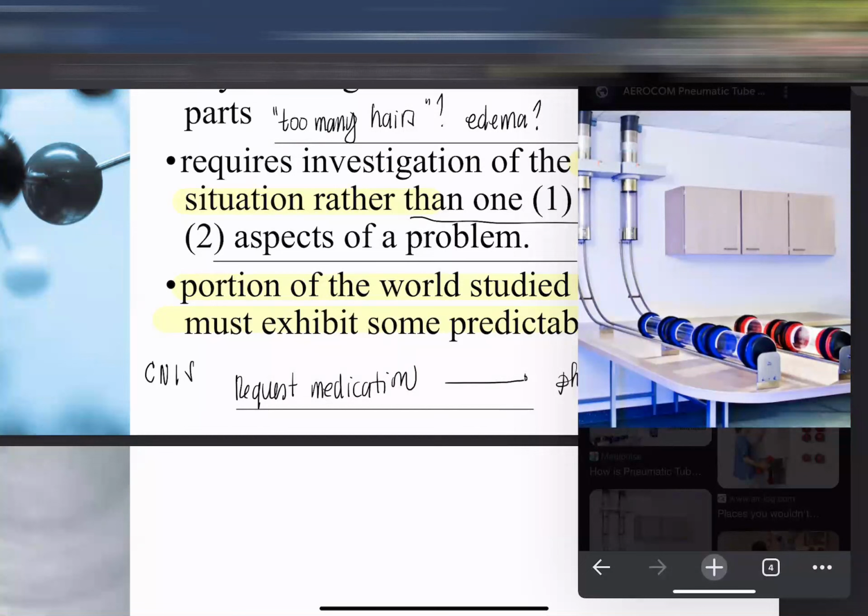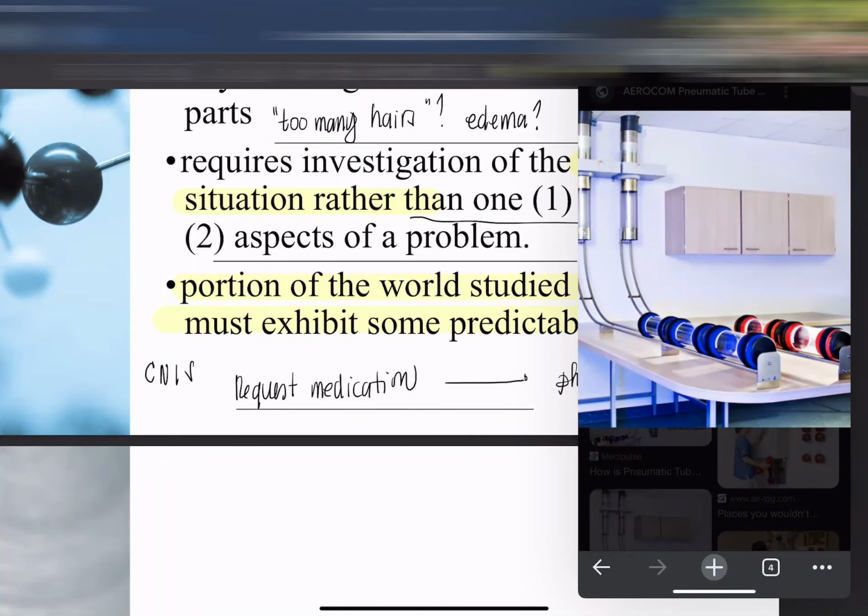Paglagay dyan, class, I will just press some buttons. Halimbawa, this will go to station 1. Class, the bottle would go directly to station 1. So there is no need anymore for the nurse to go down to the ground floor to get the medications. There is no need for the family members of the patients to go down to retrieve the medications.